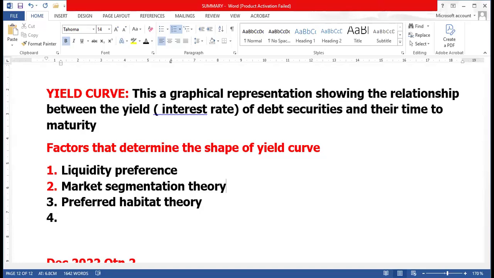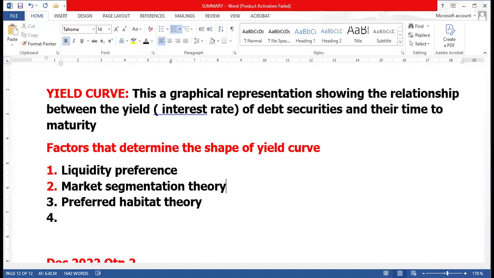So if it is, let's say, pension funds, you may find that primarily the pension funds demand long-term securities, while commercial banks may prefer short-term instruments. So these preferences affect the prices and yields independently across the maturities, depending on the segment you're looking at.